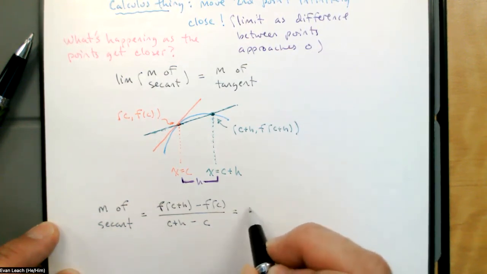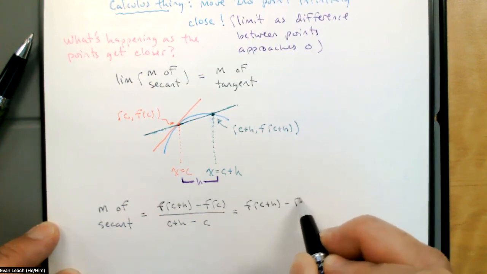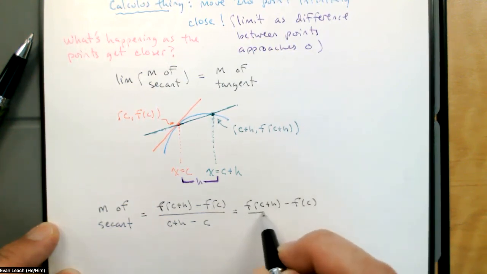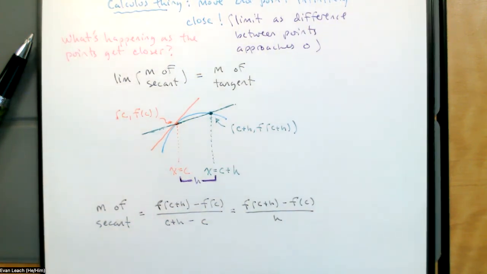So we have f of c plus h minus f of c, divided by h. Just calculating the slope of that secant line.